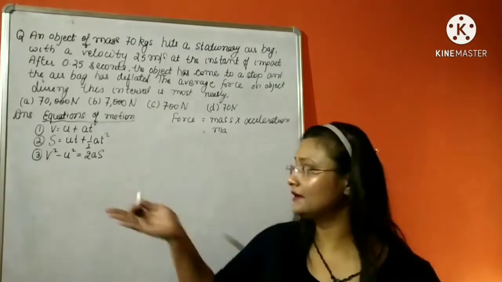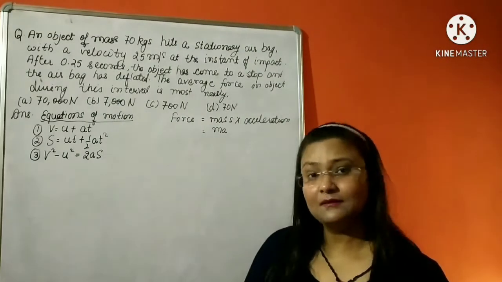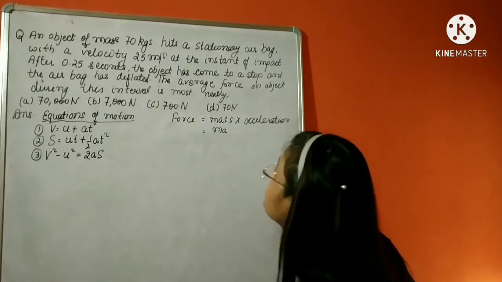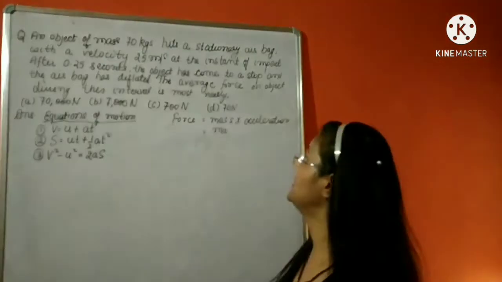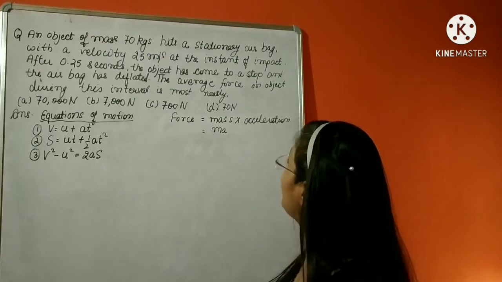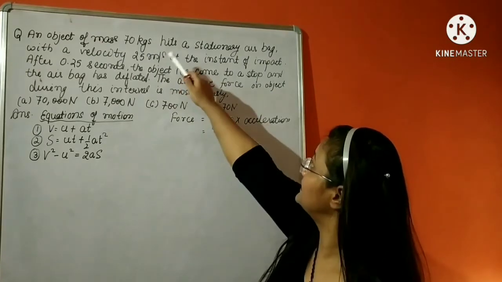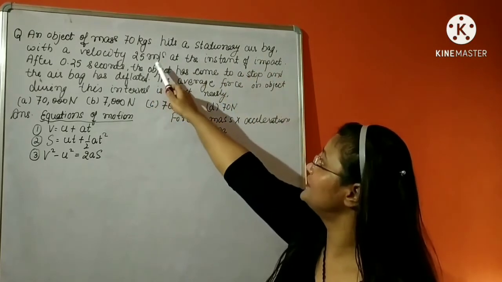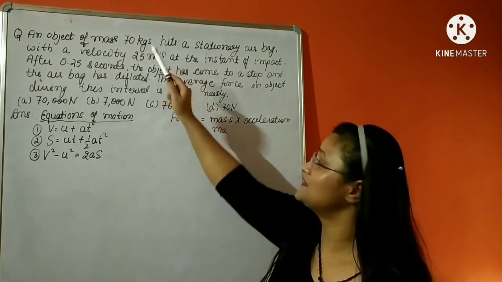Now we need to think which one of them will apply over here. We will check the values given. An object of mass hits a stationary airbag with a velocity of 25 meters per second.